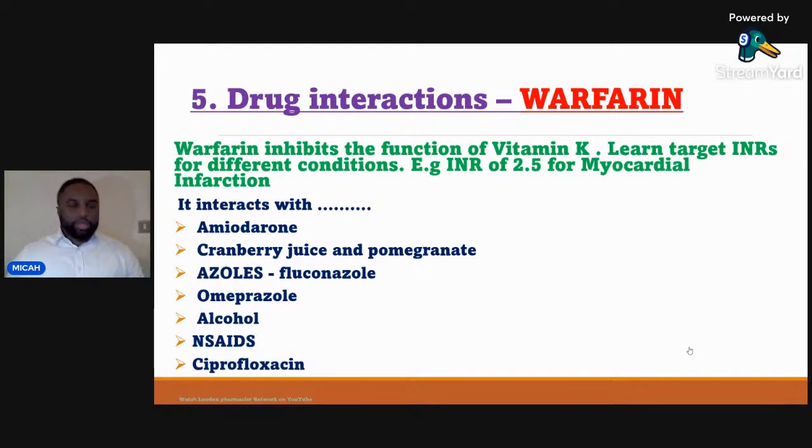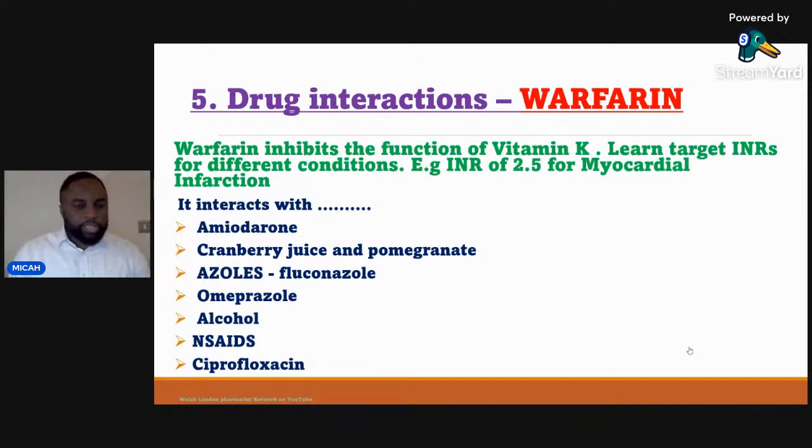Drug interactions, we have loads, so many drug interactions that you need to be aware of. A very important one is the drug interaction between warfarin and azoles. Warfarin and azoles is a common interaction that we need to know as pharmacists, especially because some patients on warfarin will come to your pharmacy and try to buy fluconazole, for example, to treat thrush, or they can come in to buy clotrimazole or miconazole to treat other fungal topical infections.